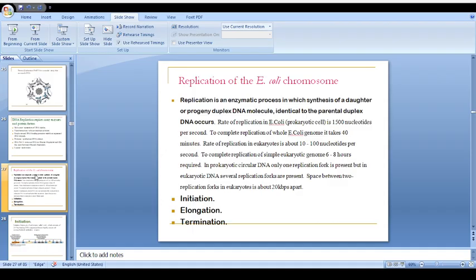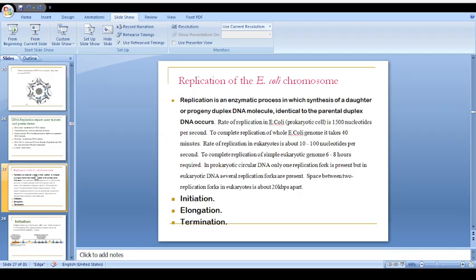In prokaryotic DNA, especially the circular DNA, only one replication fork is present, whereas in the eukaryotic system, there are several points where the replication fork begins, that is, separation of the parental DNA takes place, and where the enzymes and proteins are recruited for the process of replication.